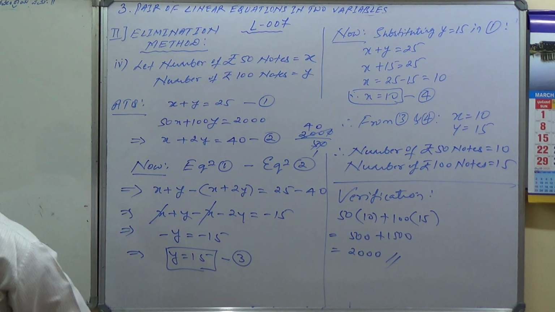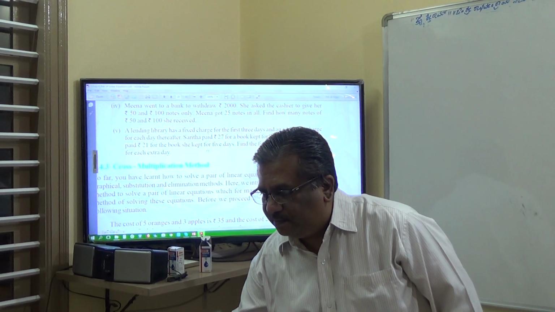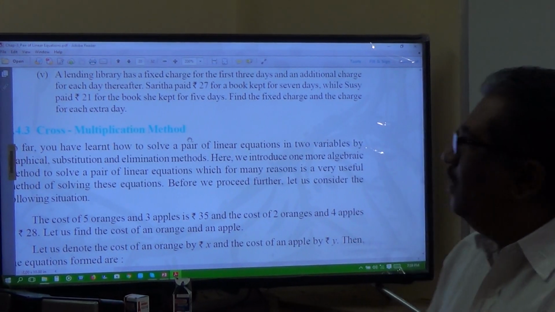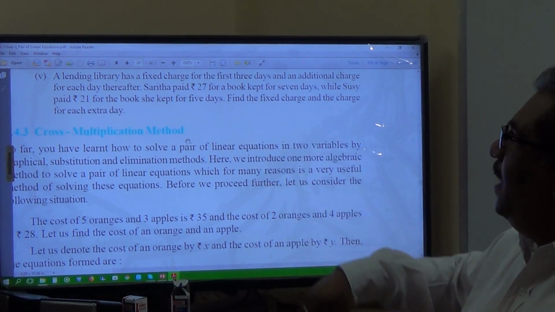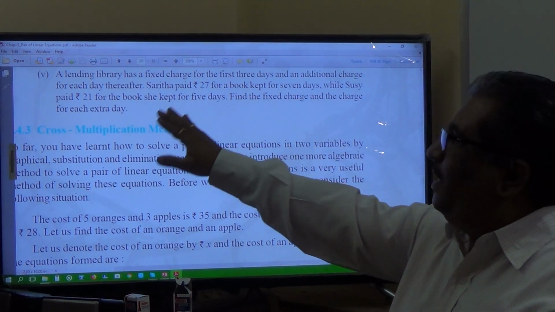Now, let's go to the last problem. Question number 5. A lending library has a fixed charge for the first 3 days and an additional charge for each day thereafter.